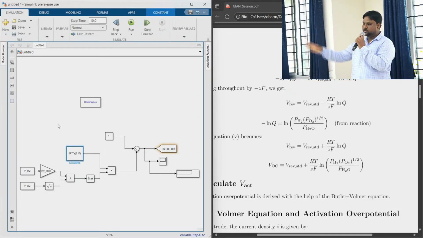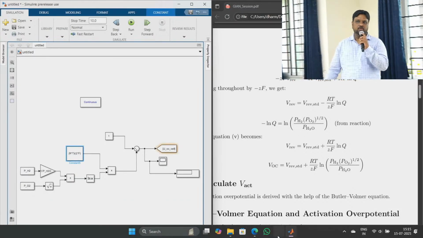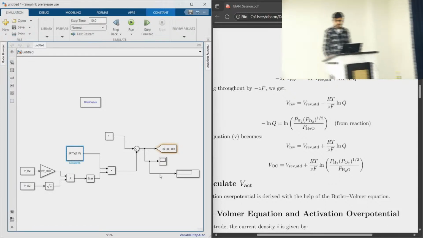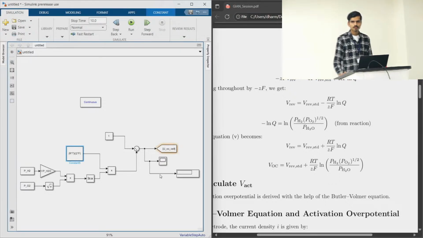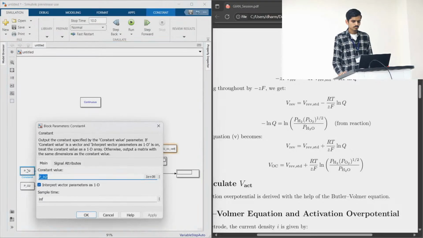Okay. So first you build the potential by potential blocks. Or one thing you can do, you can directly use the values for these variables in the Simulink model itself.